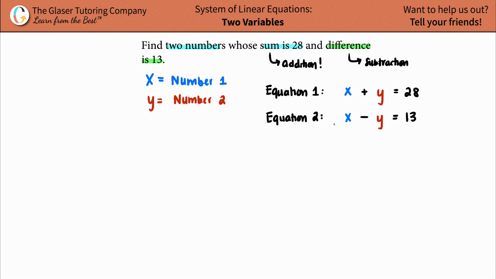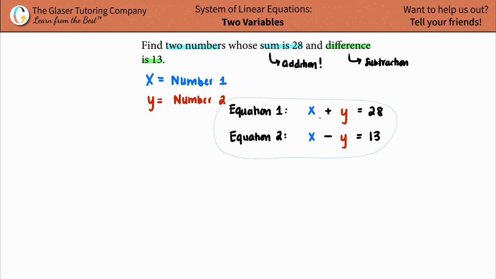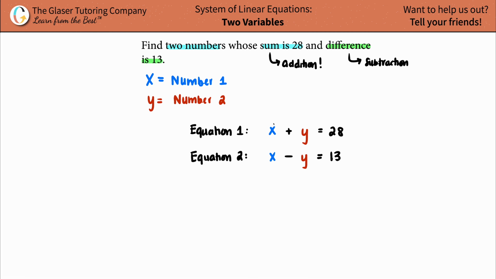We have tons of videos on the channel, on the playlist, that go through these methods. But as of right now, I notice that I have one equation with a plus Y and one equation with a minus Y. So maybe what I'll do is add these two equations together. What's going to happen to those Y values?